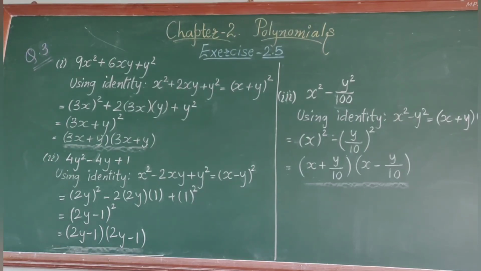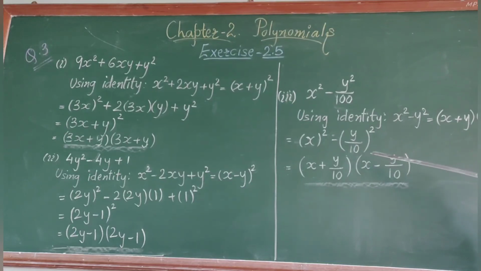Question number 3. x square minus y square upon 100. Here you can see that we have 2 terms only and both are perfect squares. So we can use identity number 3, the difference of squares identity, x square minus y square equals (x plus y) into (x minus y).